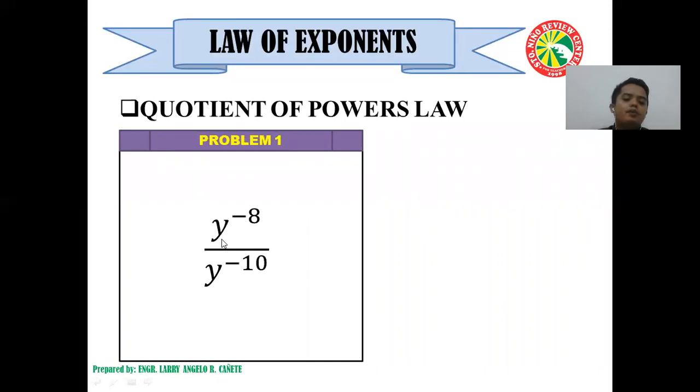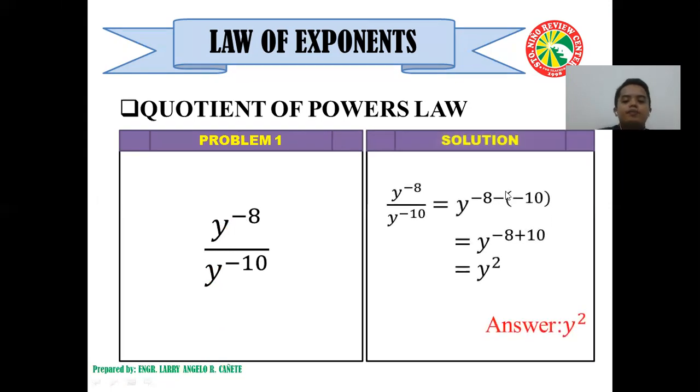So let's have an example. For example, you have y raised to the power of negative 8 divided by y raised to the power of negative 10. So, check first if their bases are equal. As you have noticed, same base y here, both numerator and denominator, then proceed to the subtraction of the exponents, or you subtract the exponent of the numerator by the denominator.